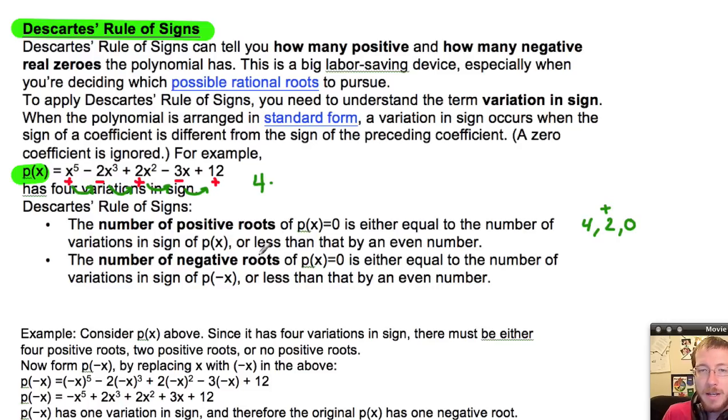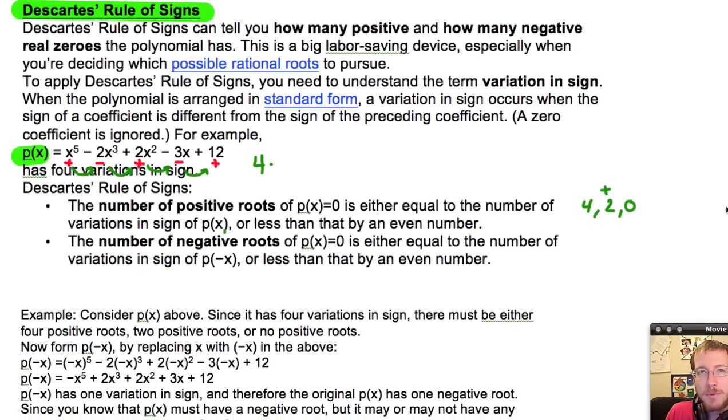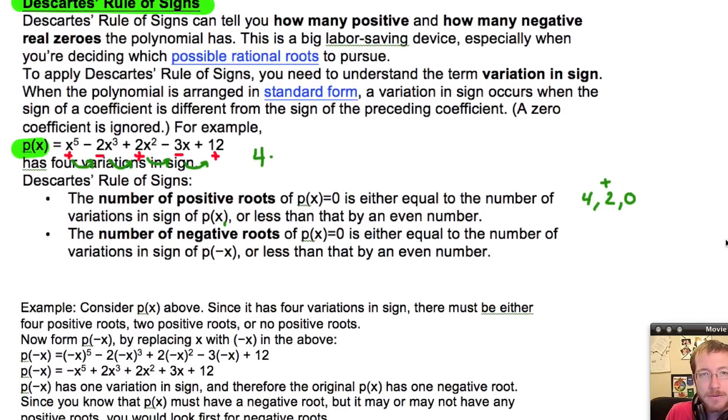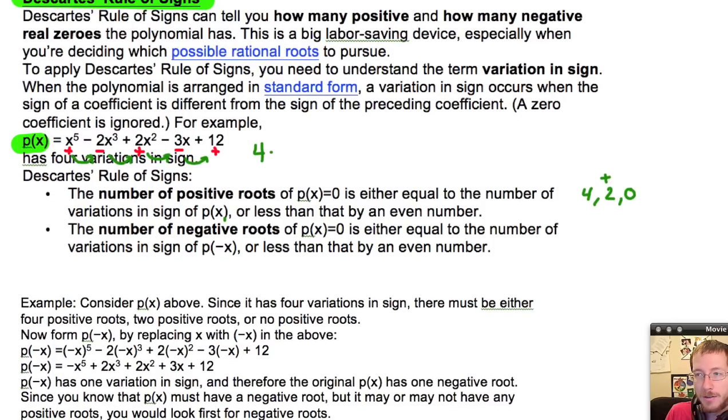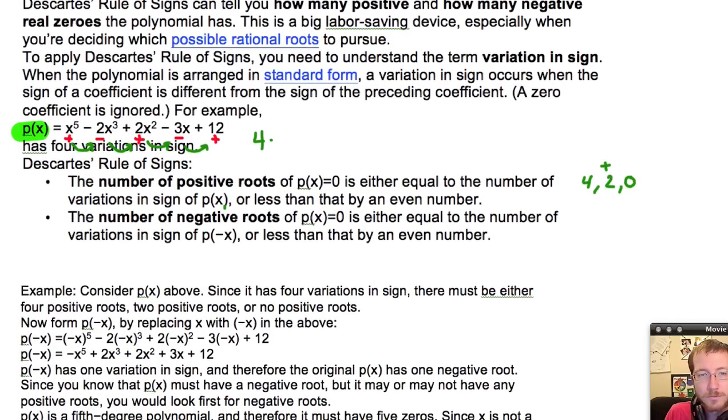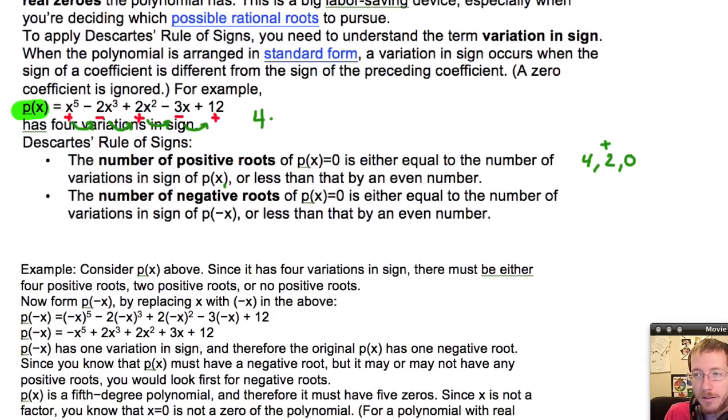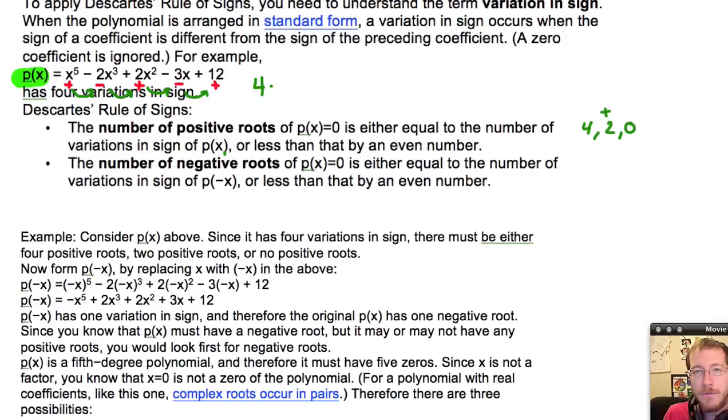To find the number of negative roots, we want to find P of negative x. So we're going to substitute a negative x in our function everywhere we see an x, and then do the same thing: look for variations in sign.